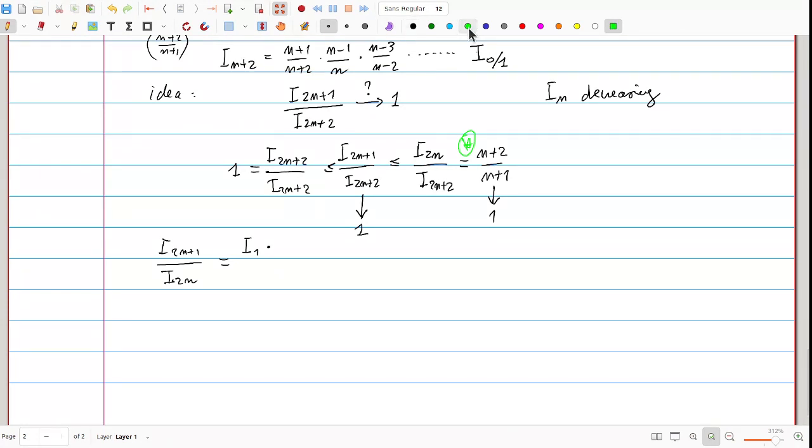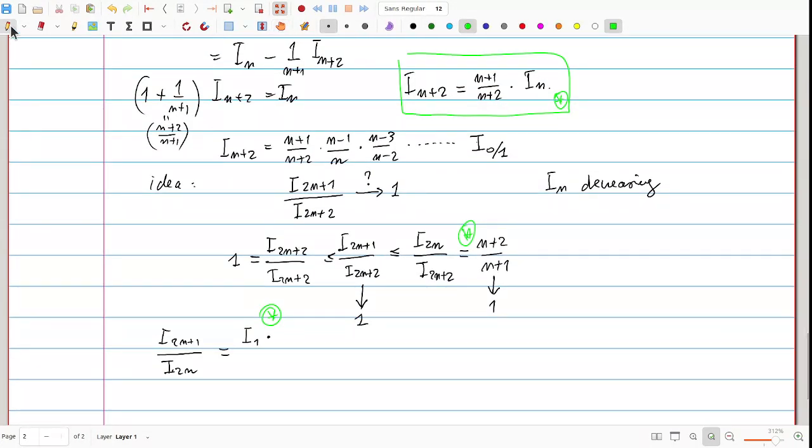Here we are going to use the recurrence relation star. So I_1, what is I_3? I_3 is from here. Each term is a fraction of the previous one with the numerator, which is the term itself. So this is 2 over 3.